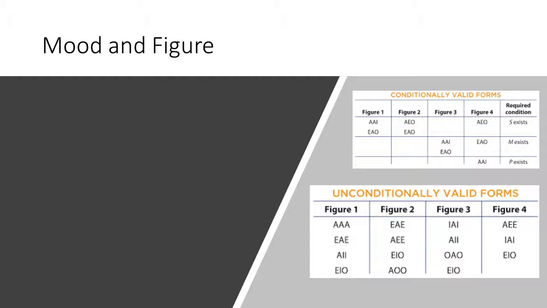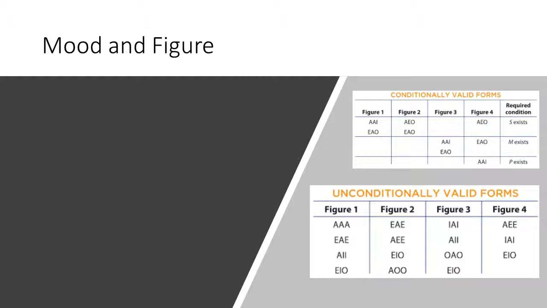There are these charts in your book. Let's look at the bottom one, unconditionally valid forms. Let's look at our first one, A of figure 1. What this chart tells us is that any categorical syllogism of the mood and figure A1 is valid.